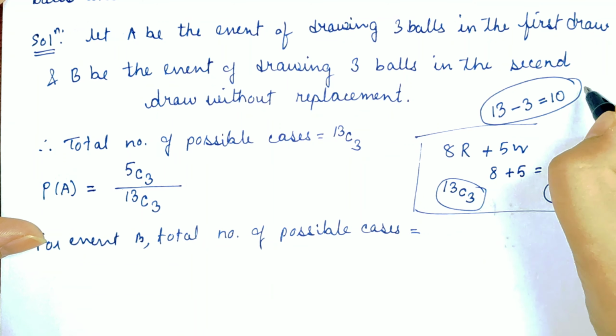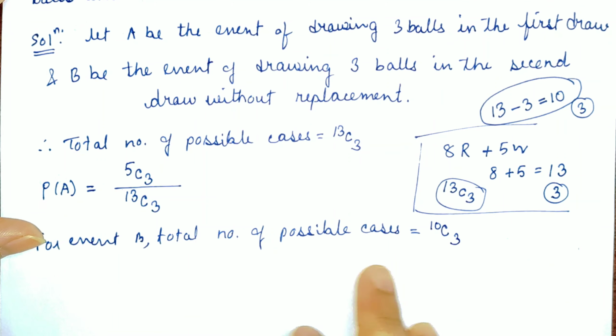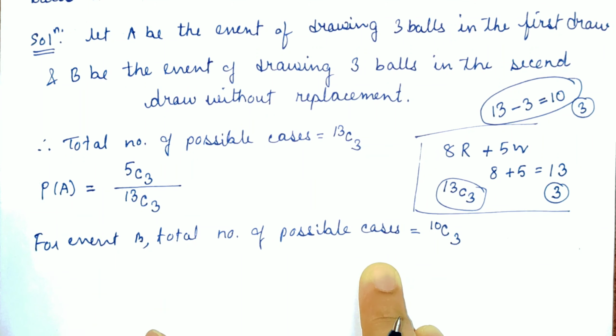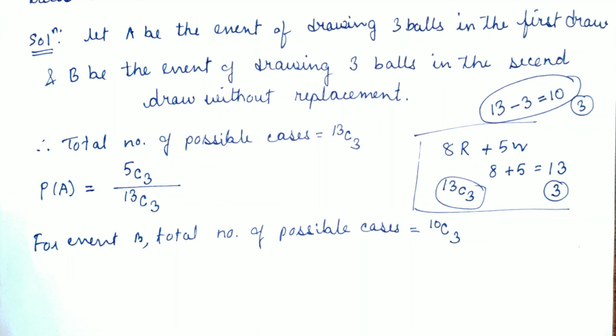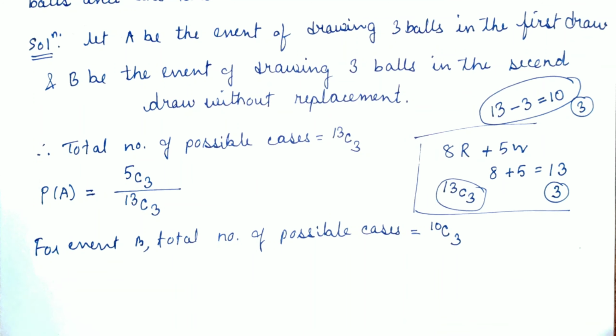Out of 10 balls we have to draw 3 balls. Since the question says without replacement, the balls will not be replaced, so 13 minus 3 equal to 10. Therefore the total number of possible cases for the event B is 10C3.